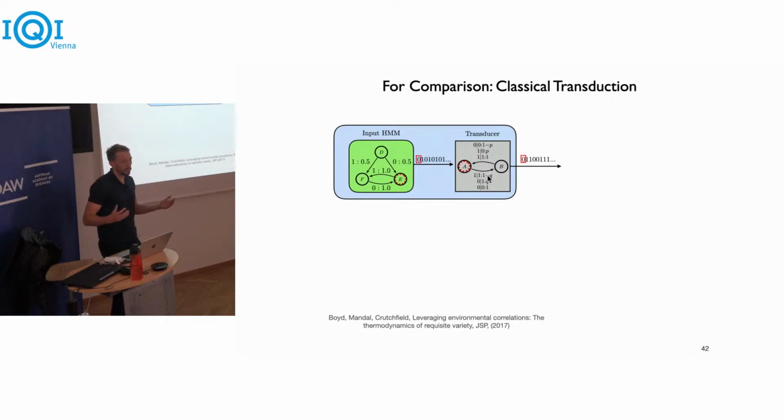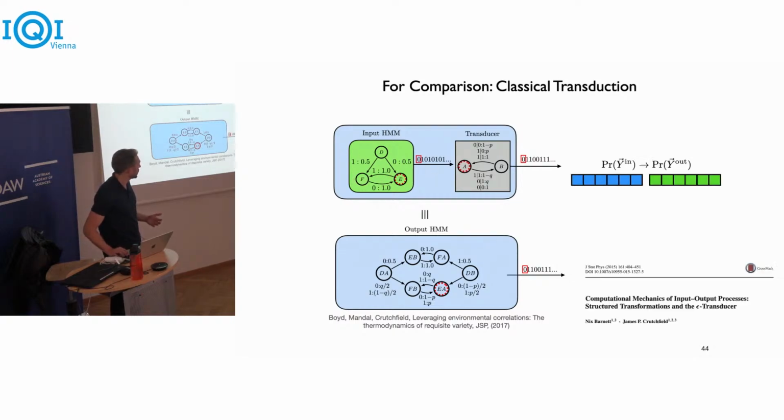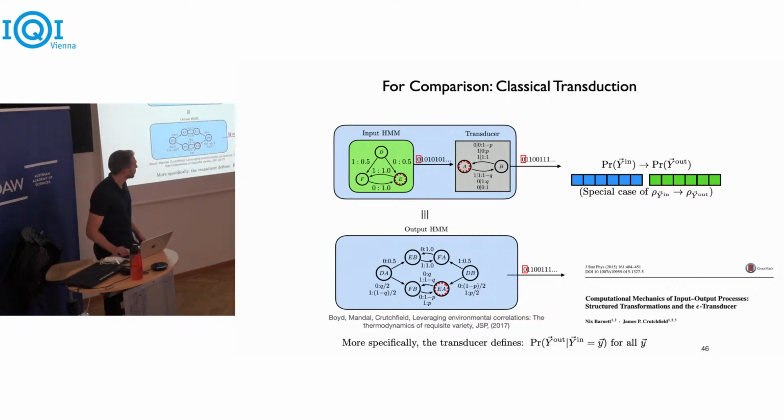So a transducer is like a memoryful channel. And the resulting output process can be expressed as sort of a composition of these two sets of hidden states. And in the same way, you're mapping a probability distribution over this semi-infinite sequence to another probability distribution. So it's like a special case of what's happening in that comb that I showed you before.